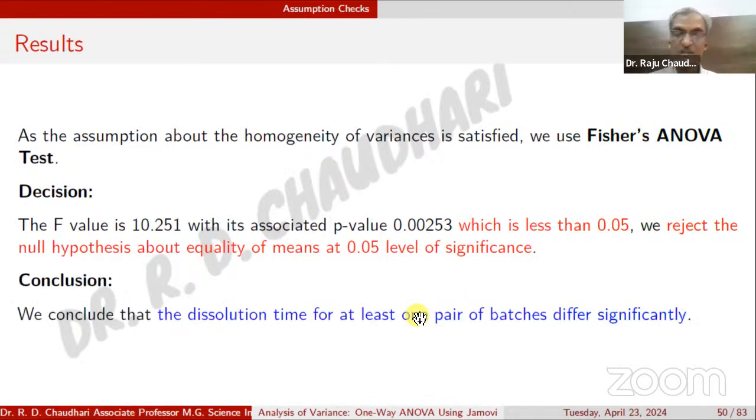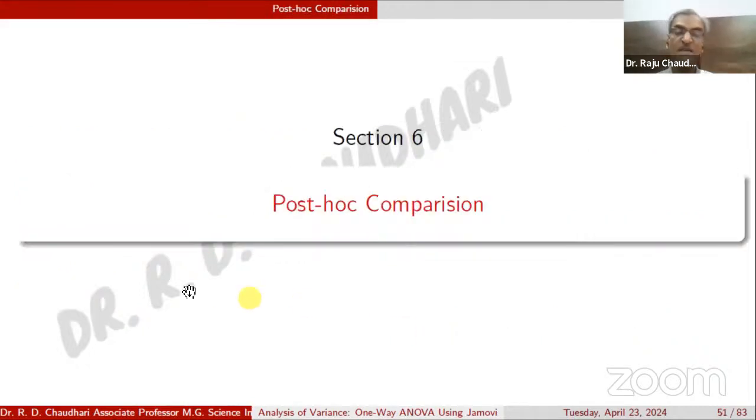Otherwise, we have to stop there. So the dissolution time for at least one pair of batches differs significantly. Now the question is which pair differs significantly, that we want to verify. For that we have to go for the post hoc analysis.